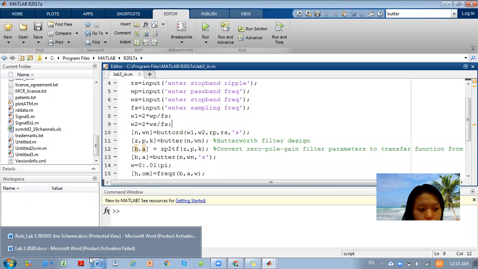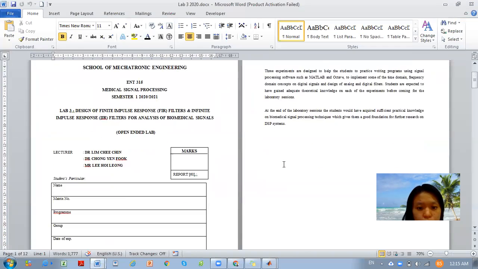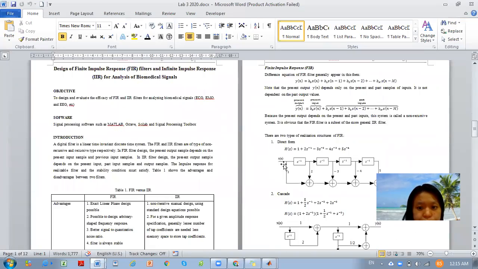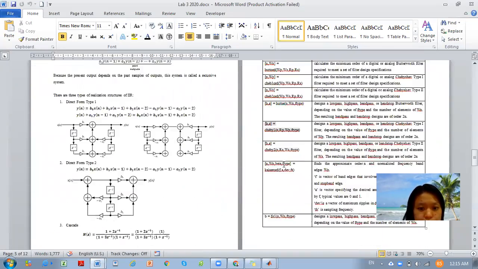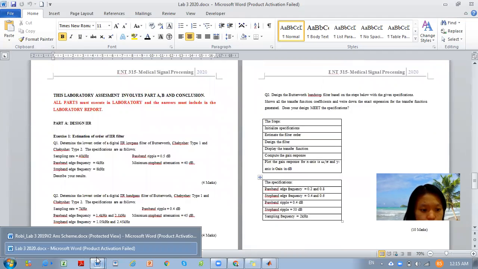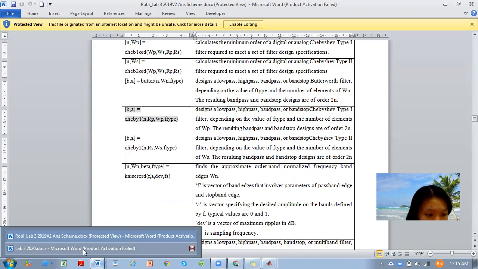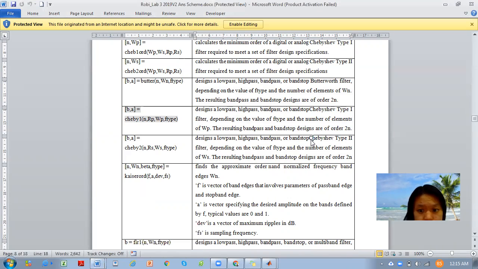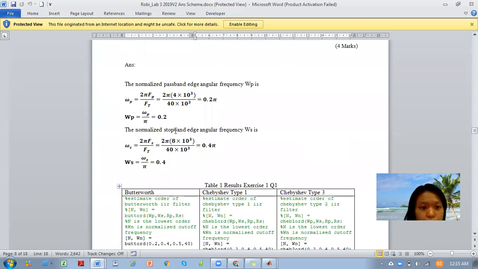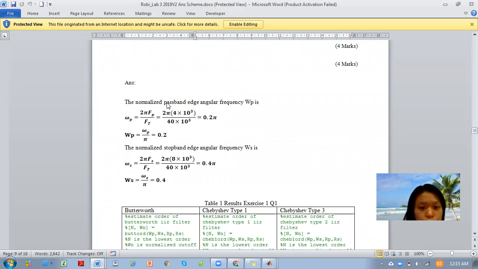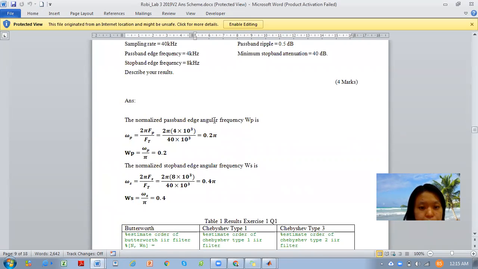Okay, when we do the calculation for our frequency, we normalize the band pass angular frequency, so we have WP equals 2 pi FP divided by FS.